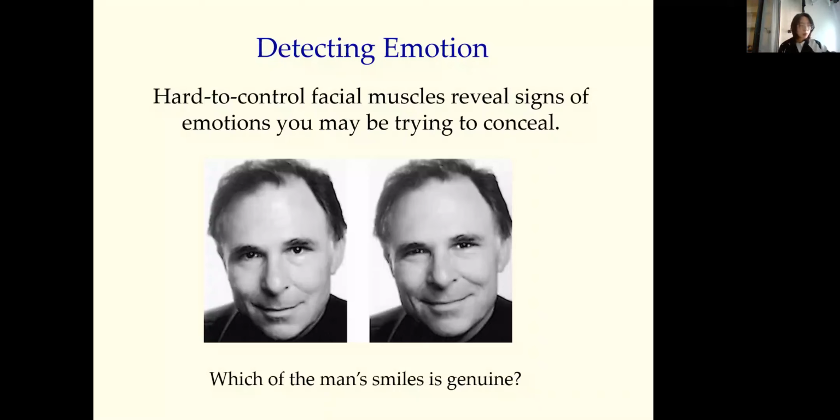So what is micro-expression? Micro-expression is when we are trying to conceal or fake our emotions, and these two different kinds of facial muscles are kind of in a battle, right? In a conflict. One wants to be happy, wants to show the smile. Another shows our genuine emotion, sadness.